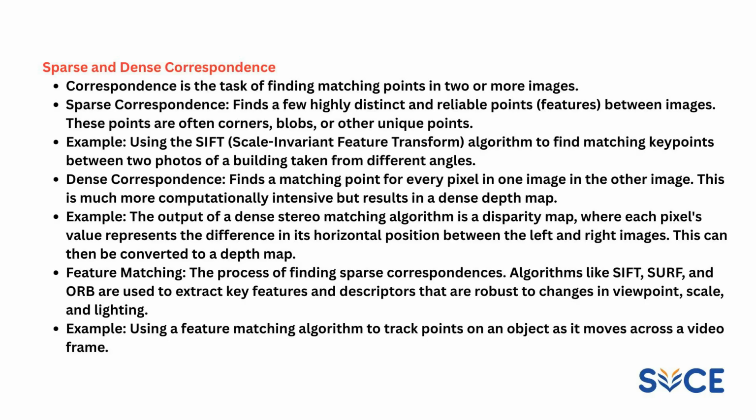Feature matching is the key tool for sparse correspondence, powered by algorithms like SIFT, SURF and ORB. In real systems, we often combine the two: sparse features to quickly establish the geometry, and dense methods to fill in fine details.